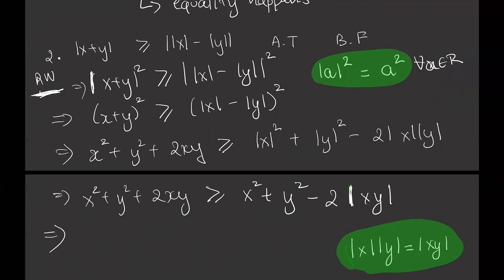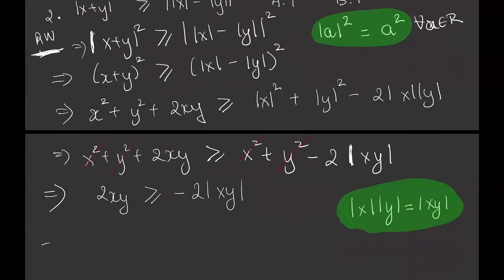Then in here we can see that x squared on both sides cancels, and you are left with 2xy greater than or equal to negative 2xy. And I divided both sides by 2, and it doesn't change the inequality direction because 2 is a positive number.